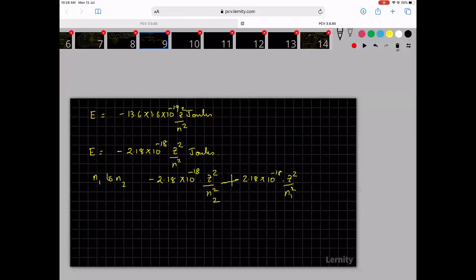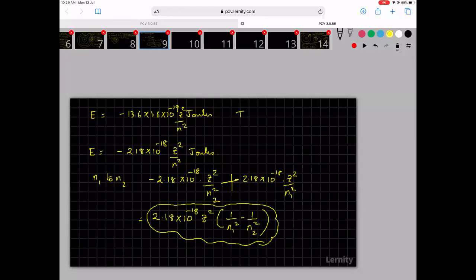This minus will become plus, so ultimately it becomes 2.18 into 10 power minus 18 z squared into 1 by n1 squared minus 1 by n2 squared. So much energy is supplied if an electron is jumping from n1 to n2.